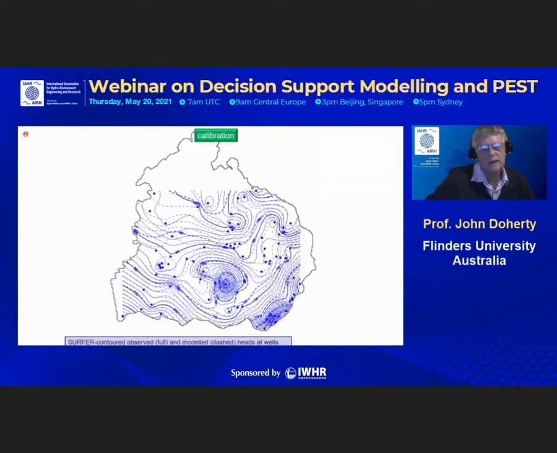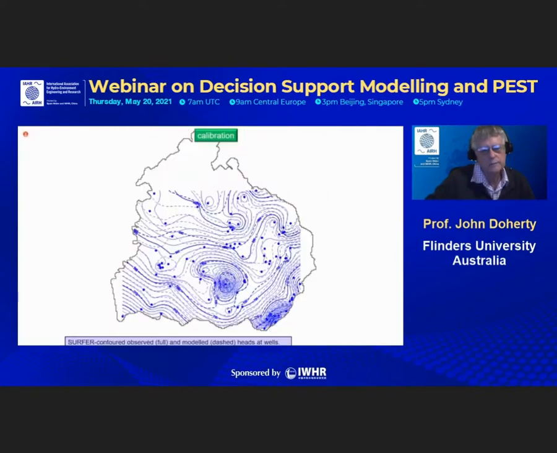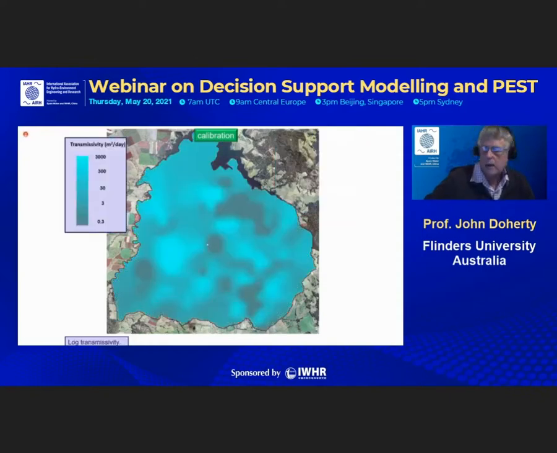So I calibrated the model. I was able to replicate heads pretty well, and replicate inflows to the stream segments. There was inflow in just one of those three segments in each one of these streams. No problem replicating that. It came up with a pretty heterogeneous transmissivity distribution, but every time I work with basalt, the story's the same.